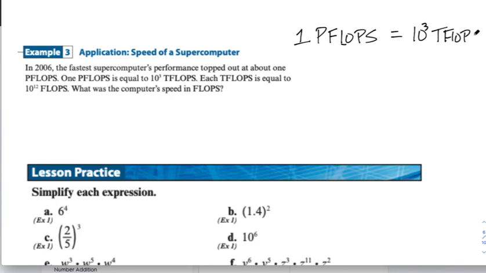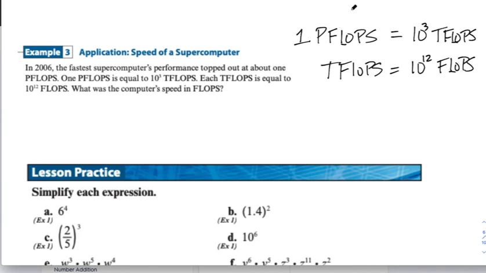And now the other bit of information we need to keep in mind is that each of these tflops is equal to 10 to the 12 flops. All right. There we go. So with that in mind, we want to know how many flops are in one pflops.